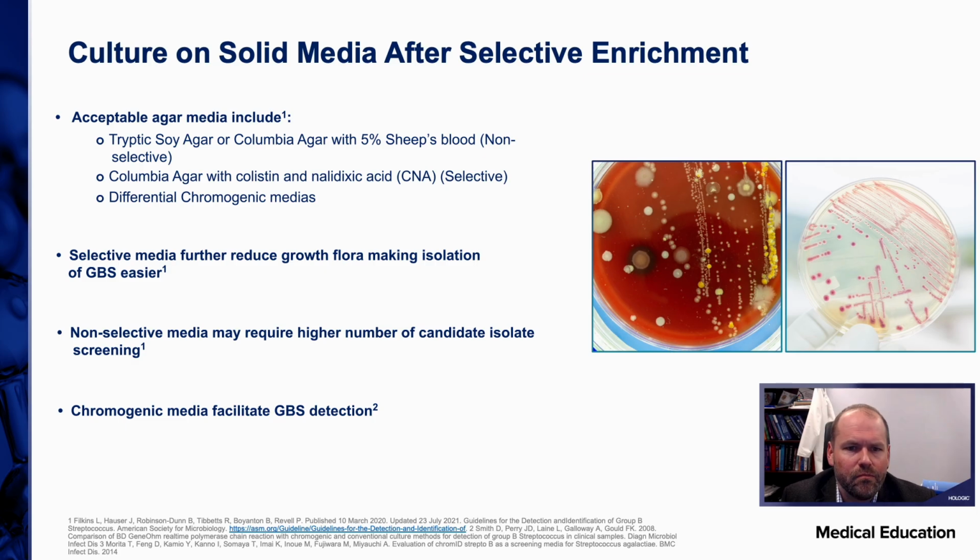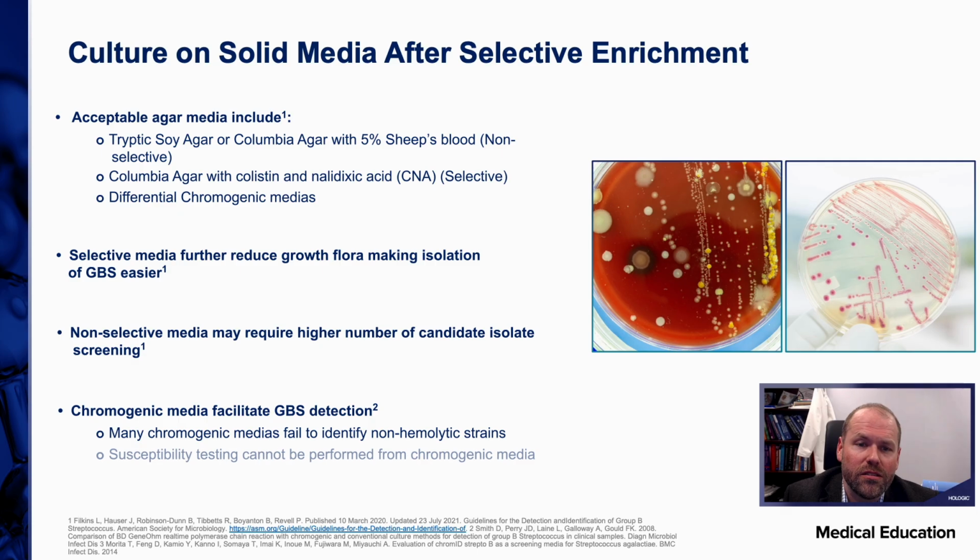But the issue is that many of those types of medias do not identify the non-hemolytic strains, which means you're not going to be able to identify those, and you have to fall back on another methodology, as we've been discussing. So you go back into the culture pathway anyway. And also susceptibility testing cannot be performed off of chromogenic media because it doesn't work. So that also leads to having to reset up the typical culture.